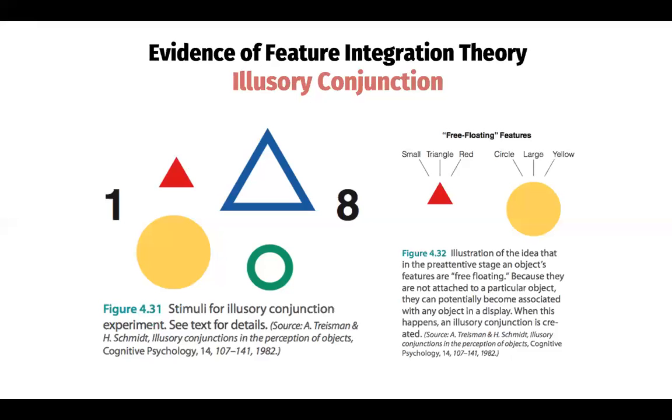They are free-floating, as the researchers put it. As you can see in this right-hand figure, they can therefore be incorrectly combined if there is more than one object, especially in the laboratory situation when briefly flashed stimuli are followed by a masking field.